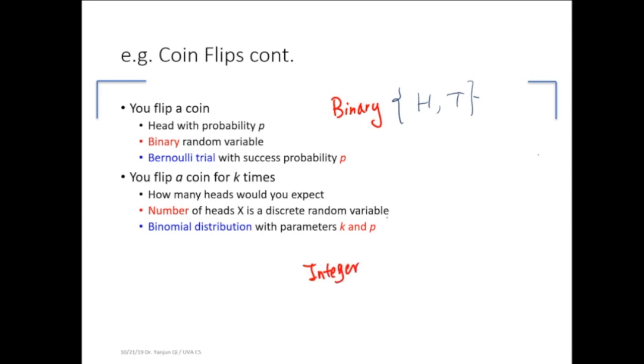What I'm trying to represent is the number of heads, and the outcome is 1, 2, until k. Here I only care about head or tail, only 2 cases. I hope this clarifies what the Bernoulli distribution and the binomial distribution are representing.